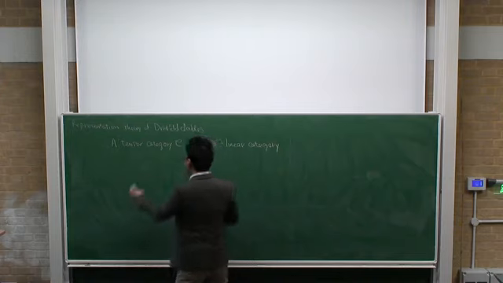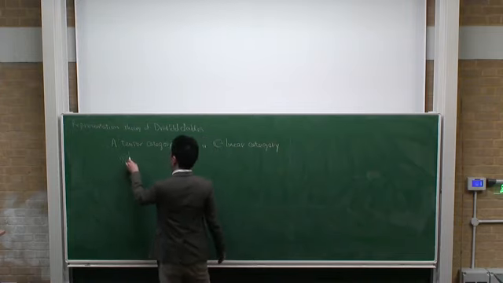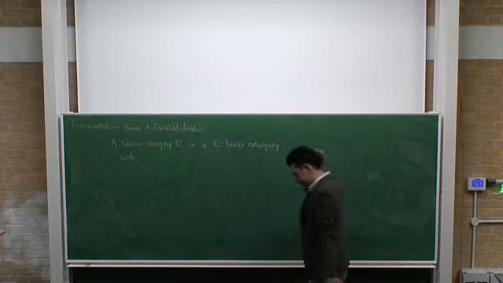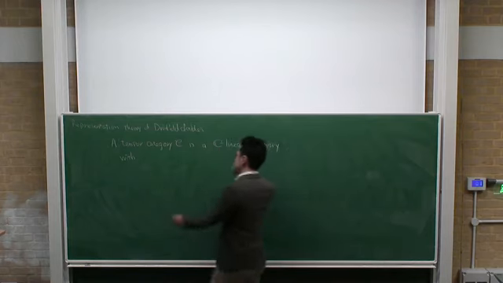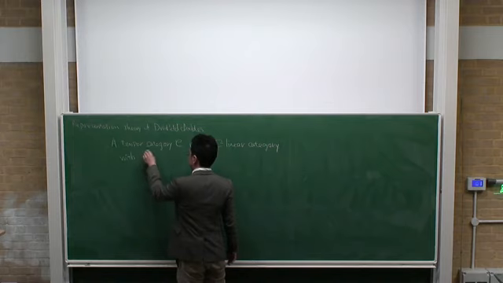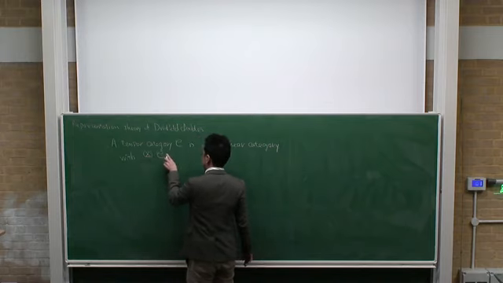And of course, we need a kind of tensor product type operation. So the tensor product type operation is given by a certain functor.